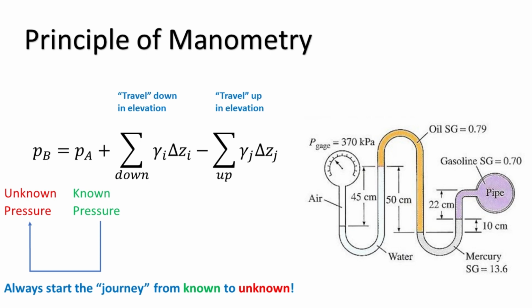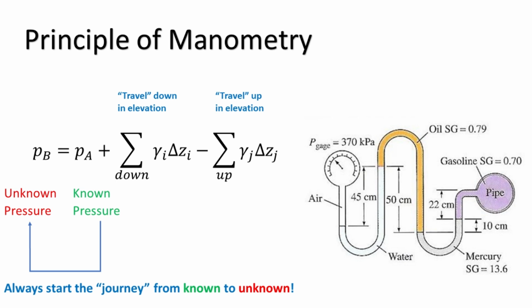If the elevation has decreased during this part of the journey, we will add a pressure change, which is calculated using the specific weight of this involved liquid and the elevation change. If the elevation has increased during this part of the journey, we will subtract a pressure change calculated in the same way. Afterwards, the journey continues until we arrive at our final destination B.